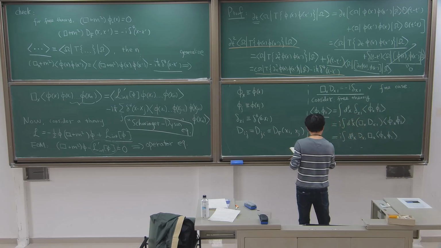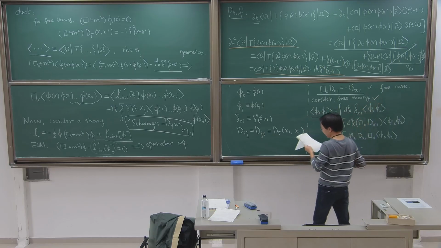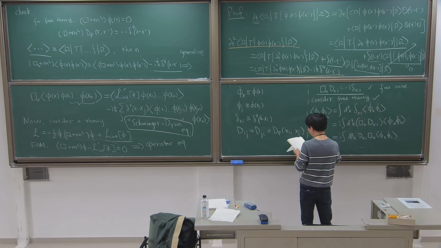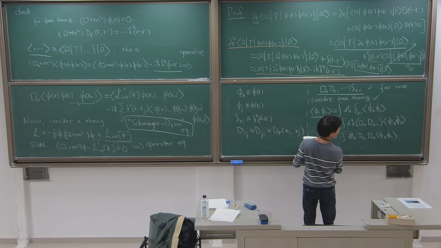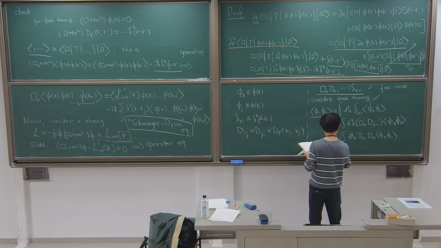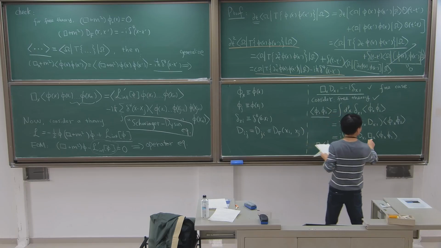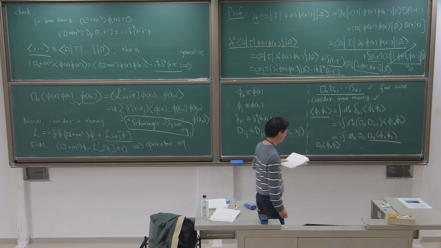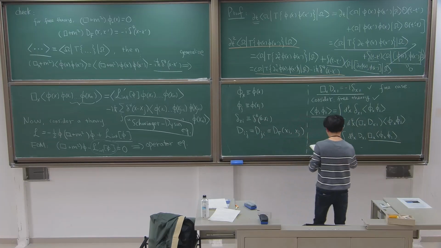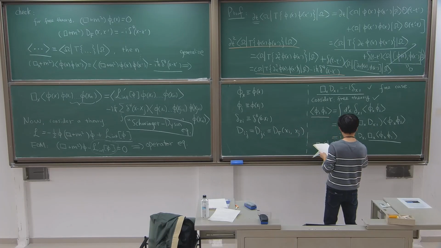Now, as said, we are working on the free case. If the theory is free, it essentially means box x acting on phi x, or phi y, or phi 2, this part for free theory will equal minus i delta x2.